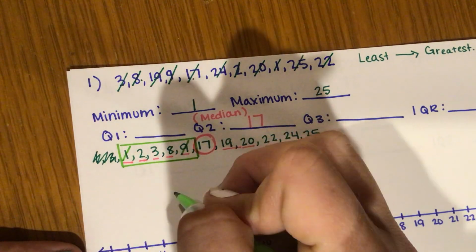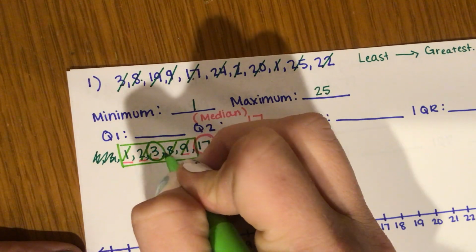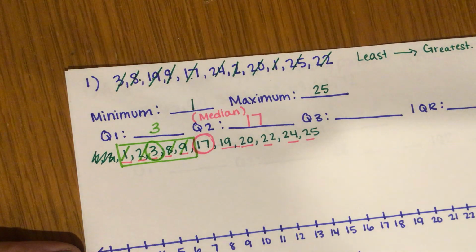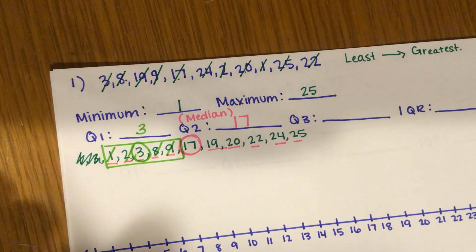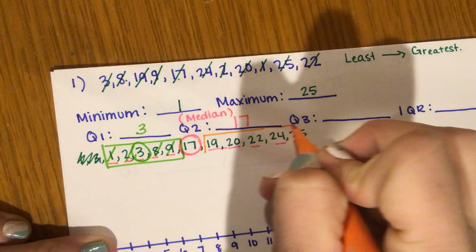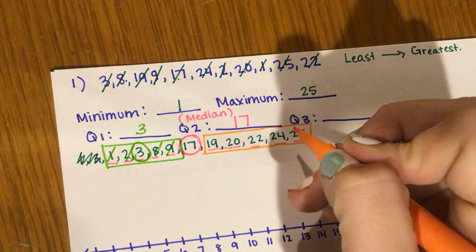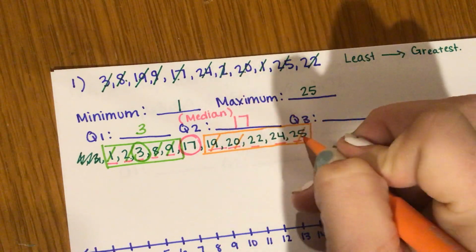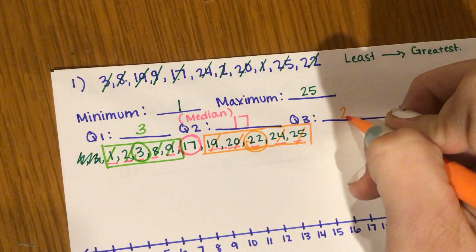So now I do the same thing, looking for the middle number in this bottom half, which is 3. Then I do the same thing on the other side. For my upper half, this is my quartile 3. The middle number is 22.